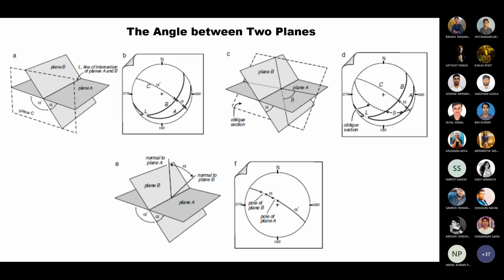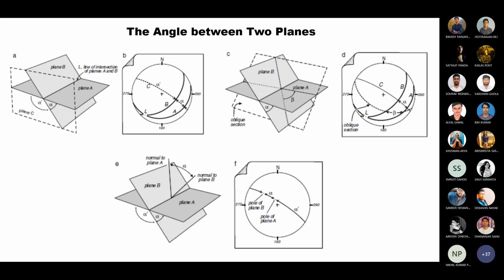Now, if you also want to find the angle between A and B, another method is available. That is a method using poles of the planes. This alternative method makes use of the fact that the dihedral angle between a pair of planes is equal to the angle between the normals to those planes.